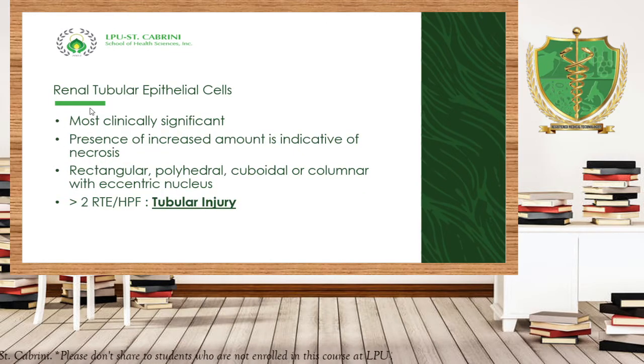So how about renal tubular epithelial cells? Of all epithelial cells, this is the most clinically significant, because its presence is indicative of necrosis, which means destruction of the structural pattern of the tissue, because of tubular injury or tubular damage. So greater than 2 RTE per HPF is considered tubular injury and should be evaluated further, to determine if there is tubular injury.